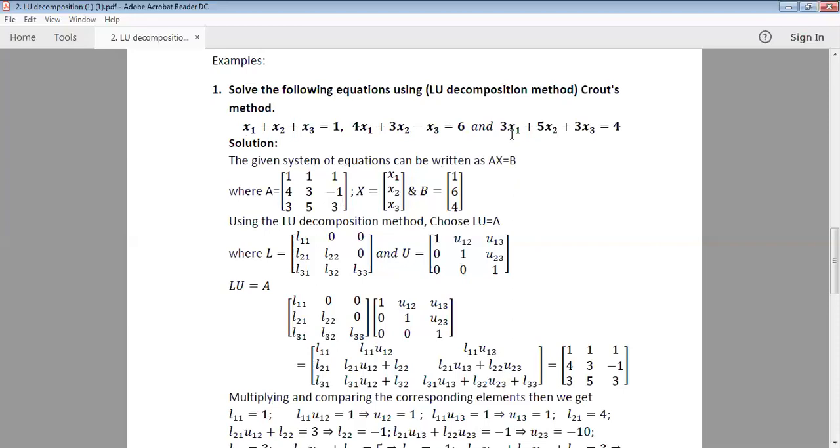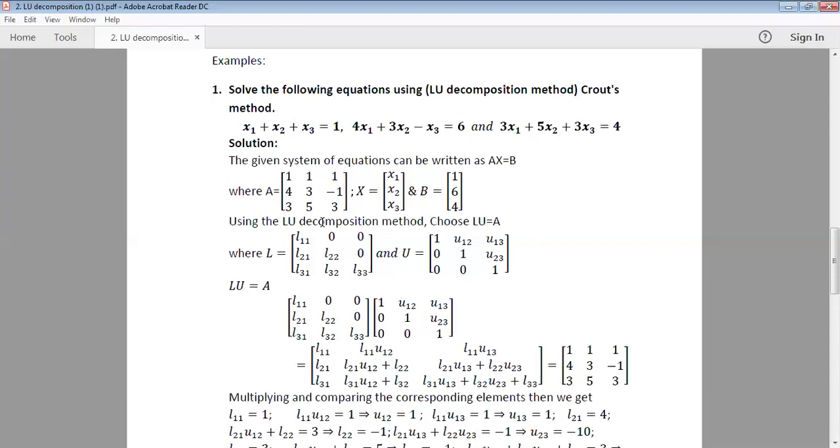Third equation: 3, 5, 3. So A equals 1, 1, 1, 4, 3, -1, 3, 5, 3. X equals the unknown matrix x1, x2, x3, and matrix B is nothing but the constants: 1, 6, 4.